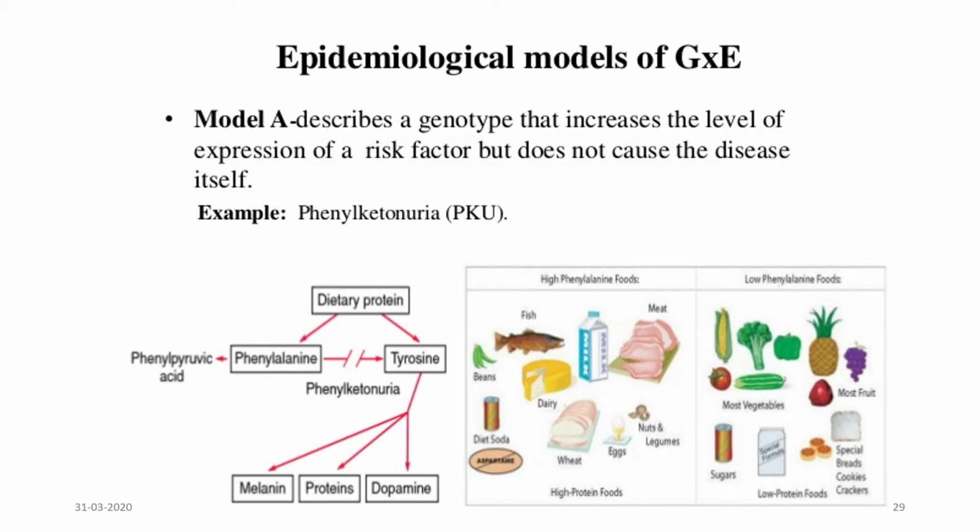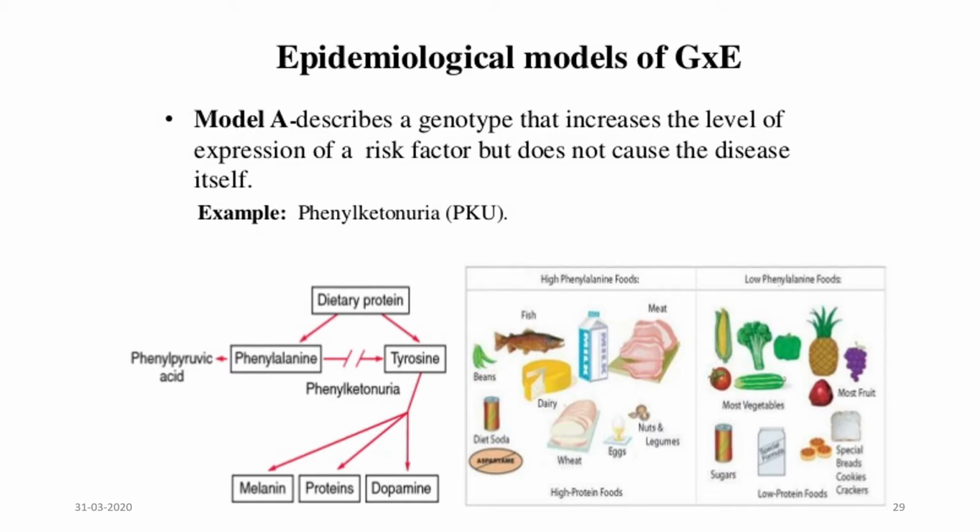in the level of the risk factor but does not cause the disease itself. For example, phenylketonuria. It is caused by a mutation in the gene where the conversion of phenylalanine to tyrosine happens.